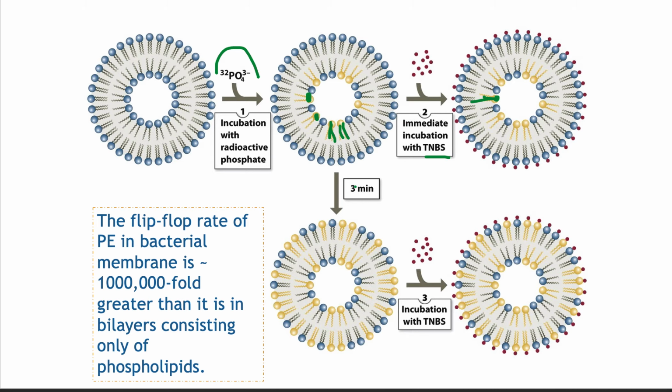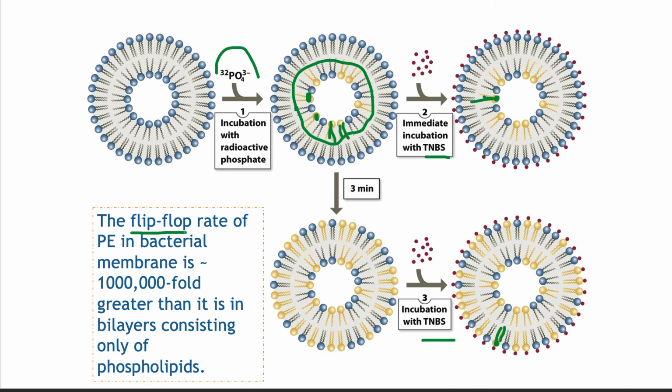However, if some time was allowed to elapse, about 3 minutes, and then they were incubated with TNBS, they noticed that some of the ones that were radioactively labeled were also associated with TNBS, which led to the conclusion that PE phospholipids are synthesized in the cytoplasmic phase of the membrane, right?